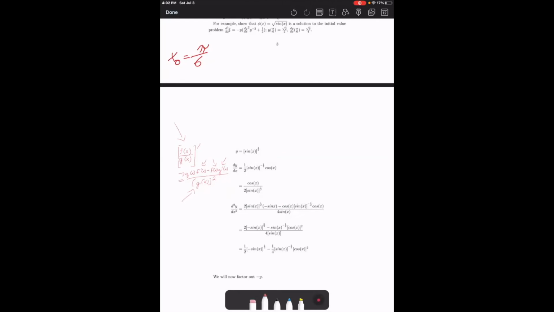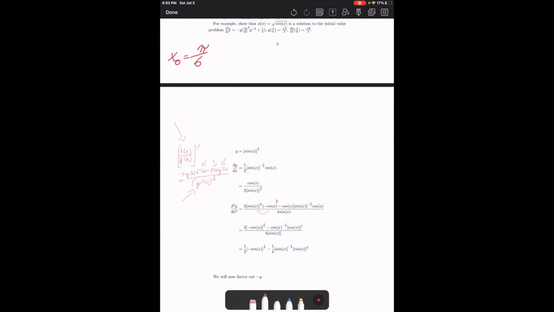Now, the next 2 steps aren't strictly necessary, but we would like things to be as simple as possible before we start doing any algebra with it. So we are going to combine whatever terms we can. We've got a couple of sine x terms here. They're raised to different powers, but we're multiplying them, so that's fine. When you multiply 2 different things with the same base, you just add the powers.